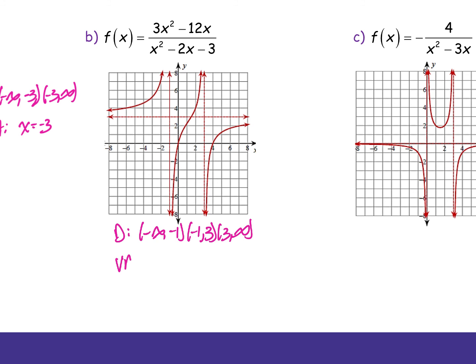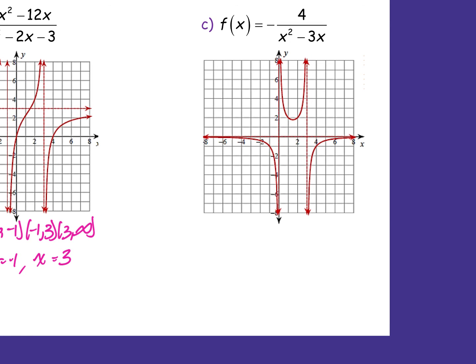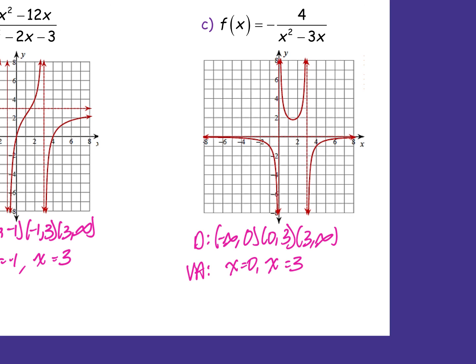And then I have vertical asymptotes at x equals negative 1 and x equals 3. And then for C, same thing. I'm going to have a domain of negative infinity to 0, 0 to 3, 3 to infinity, and vertical asymptotes at x equals 0 and x equals 3. Questions?